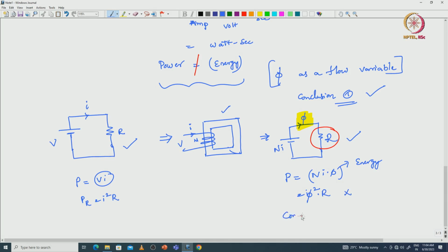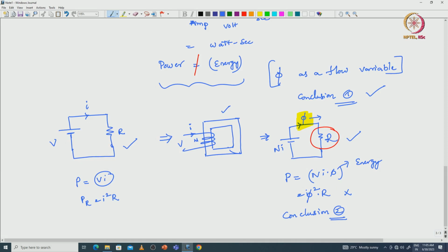This is conclusion number 2. Because of these two conclusions, the flow variable has to be a rate of change. Here flux is not a rate of change variable. We have to consider some rate of change variable and make the electrical to magnetic domain analogy.